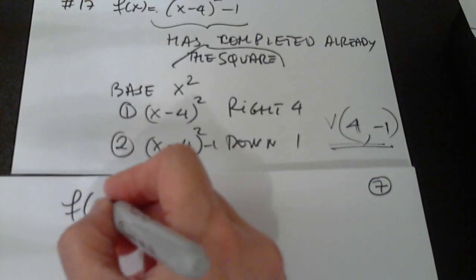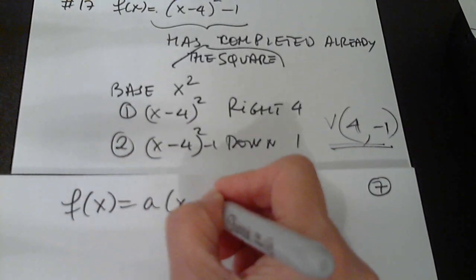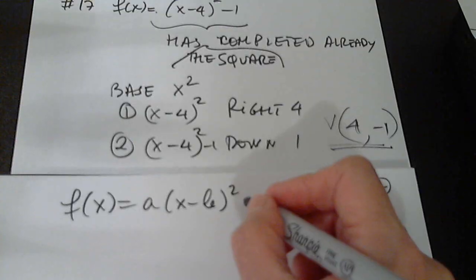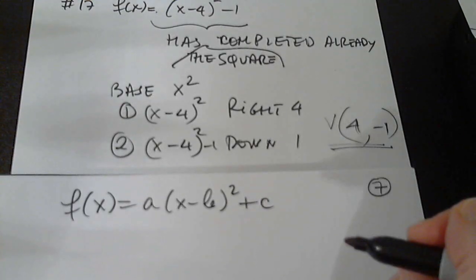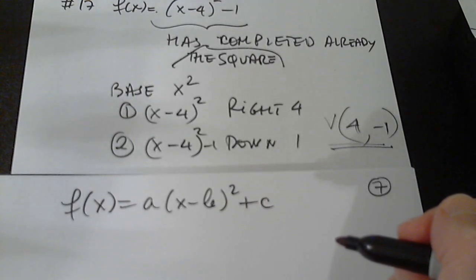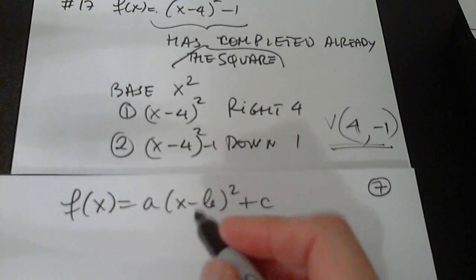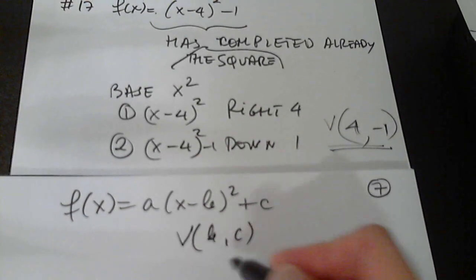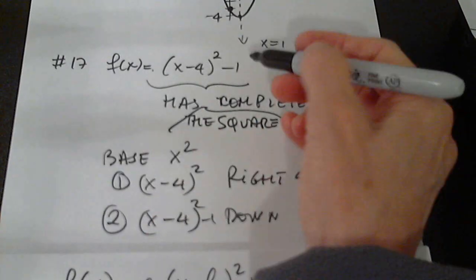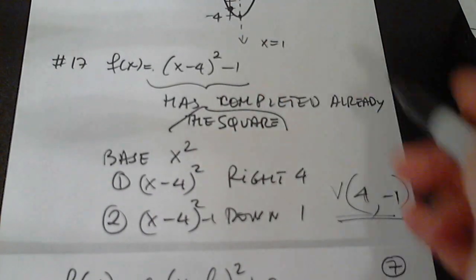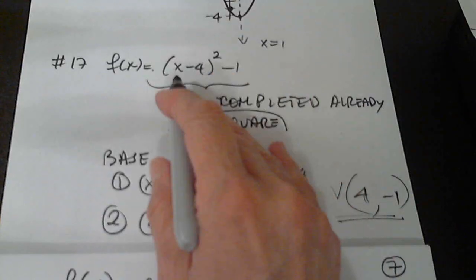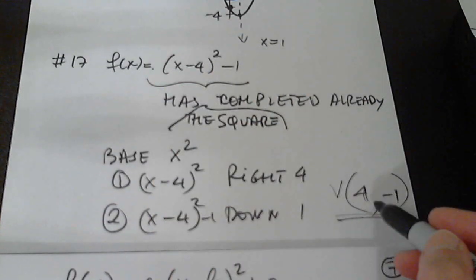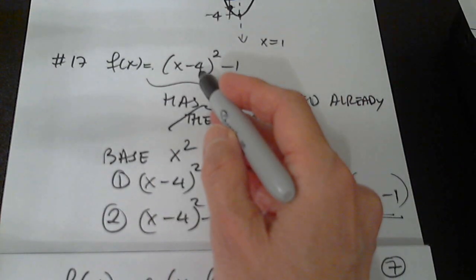So the formula is f of x equals a times (x minus b) squared, plus c. So the vertex will be (b, c). Exactly what you told me. This cannot be changed. But of course, x minus 4, the vertex is 4.